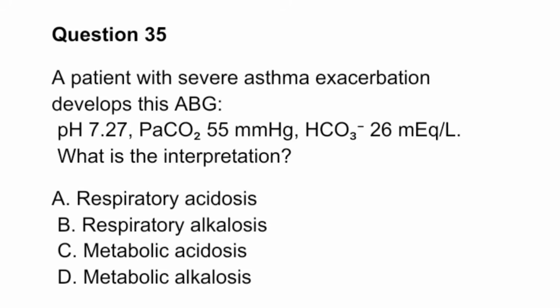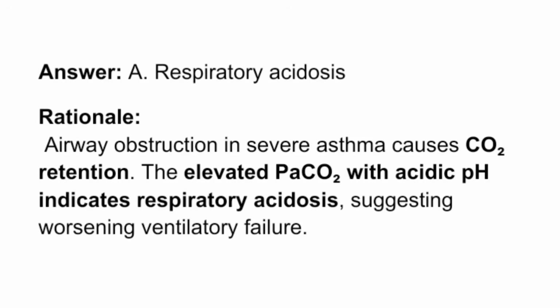C. Metabolic acidosis. D. Metabolic alkalosis. Answer: A. Respiratory acidosis. Rationale: airway obstruction in severe asthma causes CO2 retention. The elevated PaCO2 with acidic pH indicates respiratory acidosis, suggesting worsening ventilatory failure.